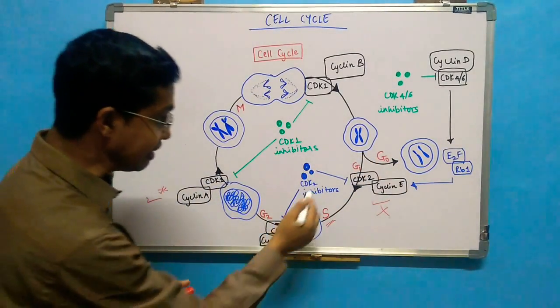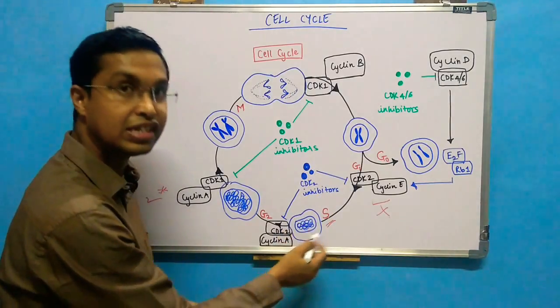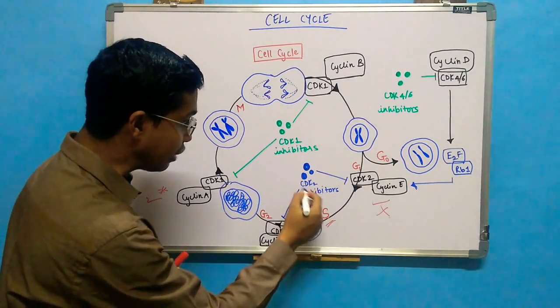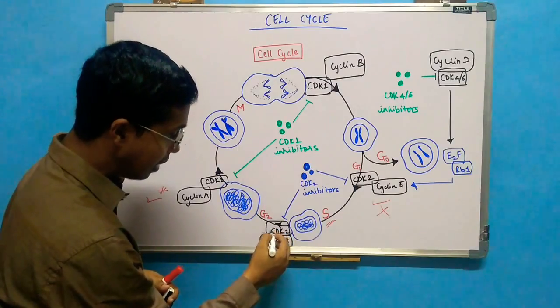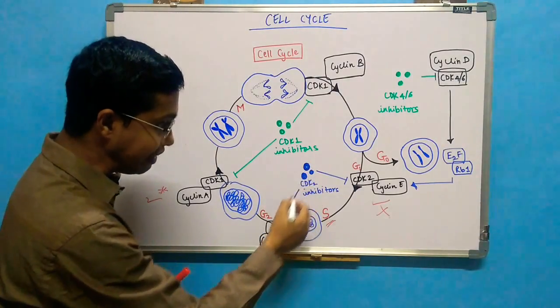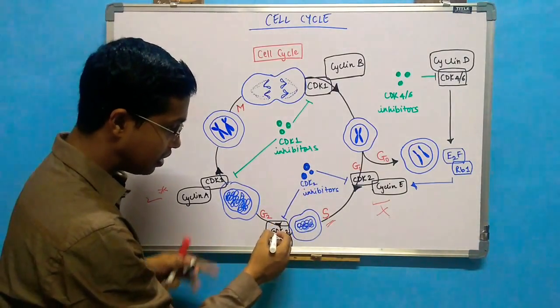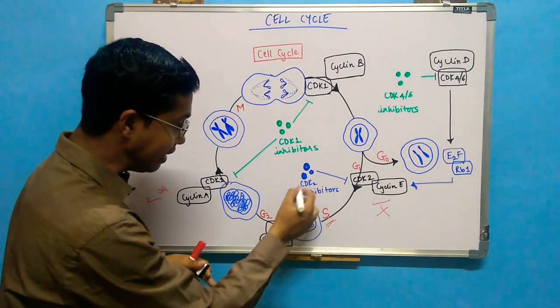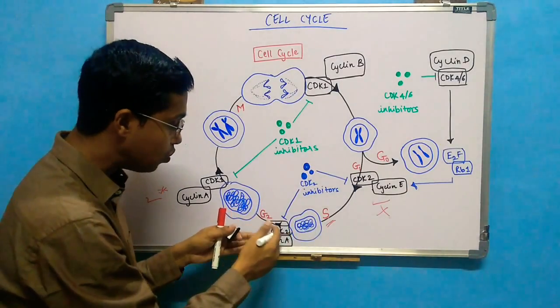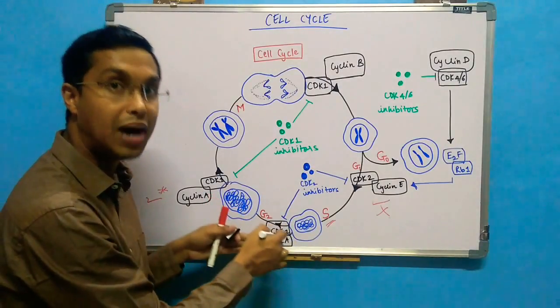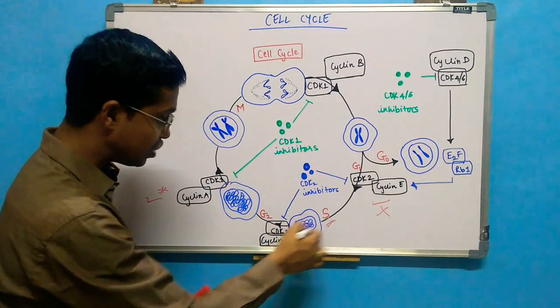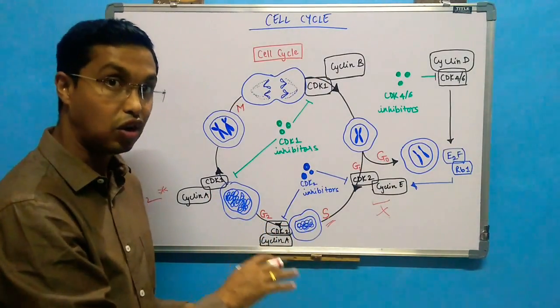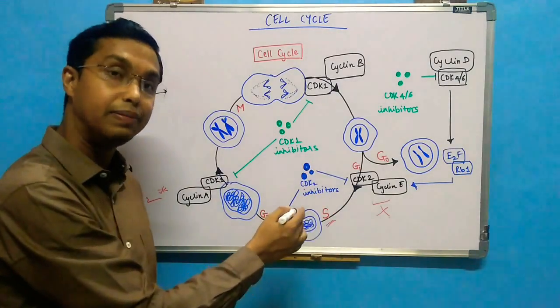Then there are CDK2 inhibitors. If the synthesis is not proper, then the CDK2 inhibitor will go and bind to CDK2, cyclin dependent kinase 2, and in turn they will not allow the cell to pass from S phase to G2 phase. Okay, it will not allow it by the help of inhibitors.